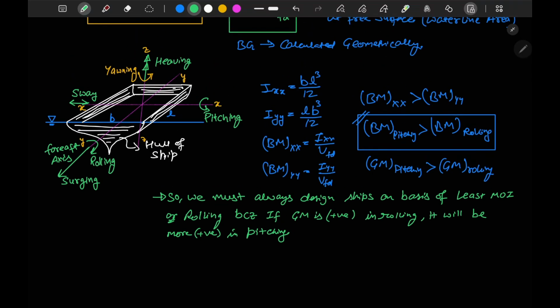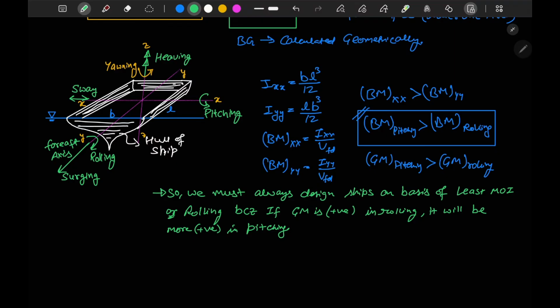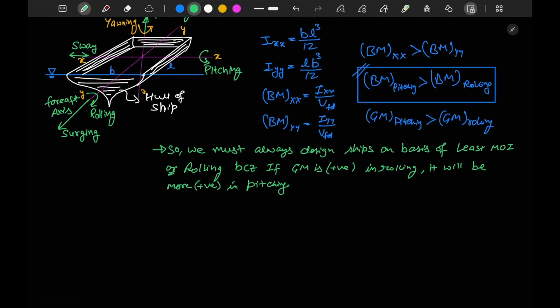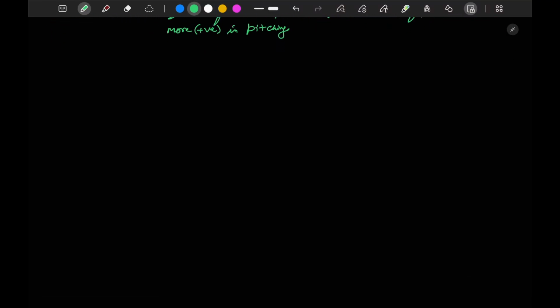So this is why we use the least moment of inertia. In ships we generally make it stable for rolling, and then it will automatically be stable in case of pitching.